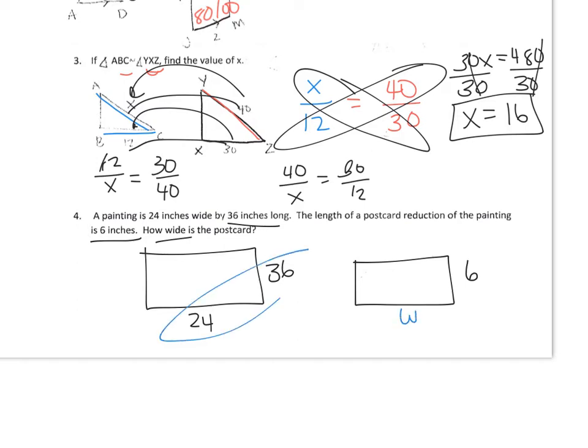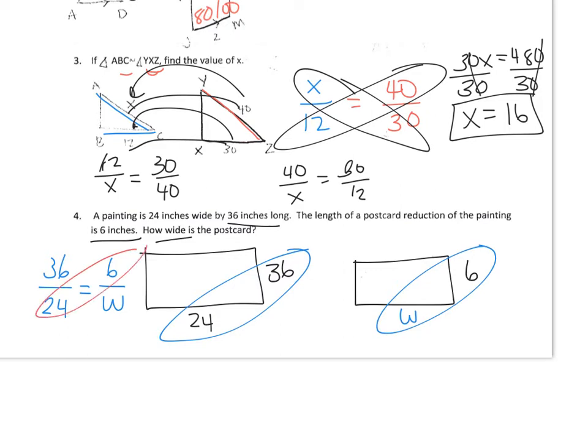So I'm going to set up a proportion. 36 is to 24 as 6 is to W. That's kind of the language that you use. 36 divided by 24 equals 6 divided by W, which is the same thing as 36 is to W as 24 is to 6.